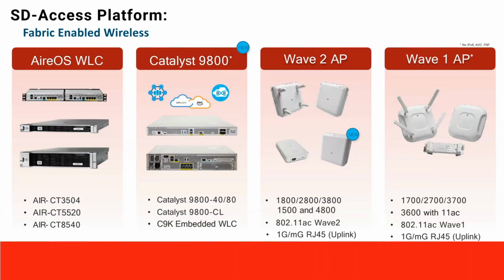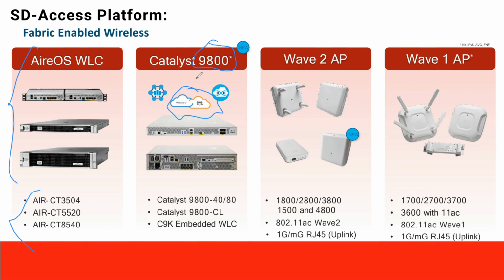For the wireless part, someone was asking me about it as well. If you see this WLC, it supports the AireOS, the earlier versions. There is an addition to its family, the C9800, which can be hosted even on VMware and AWS.